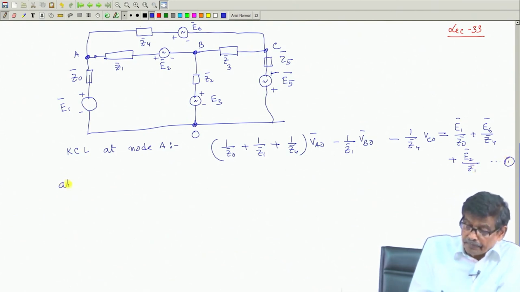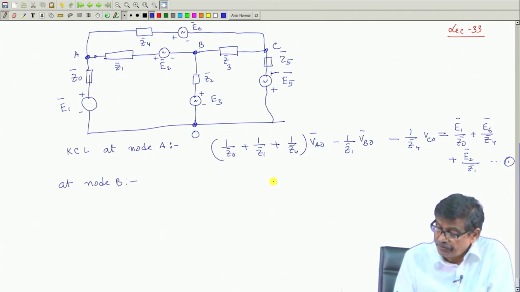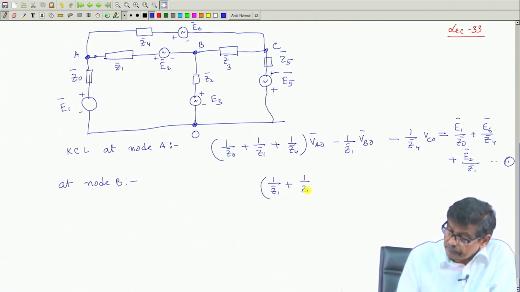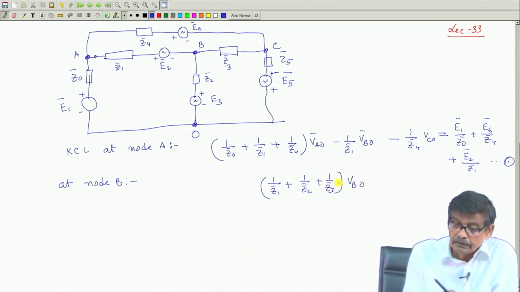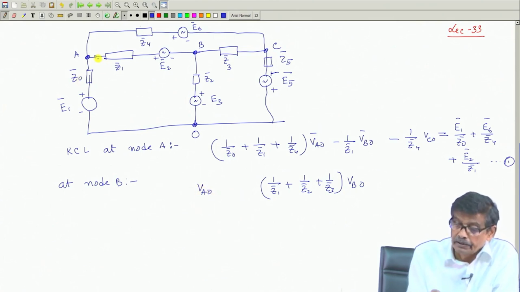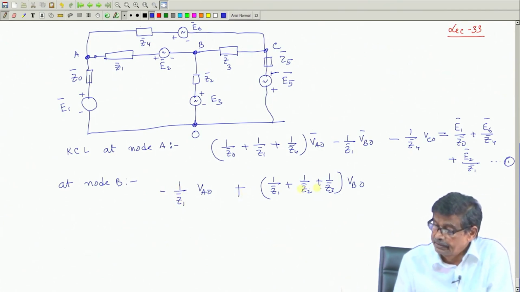At node B, KCL similarly: the coefficient of VBO will be the sum of the reciprocals of all the impedances connected to B, that is Z1, Z2 and Z3, into VBO, and the coefficient of VAO will be the common impedance connected between A and B, preceded by a negative sign, and the coefficient of VCO will be minus 1 by Z3 into VCO.